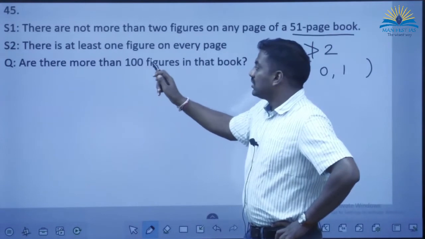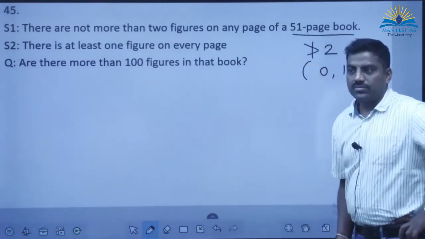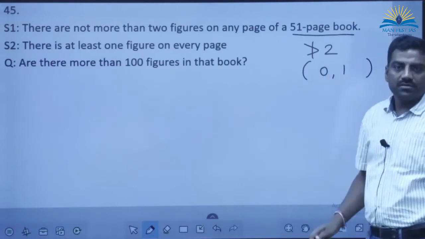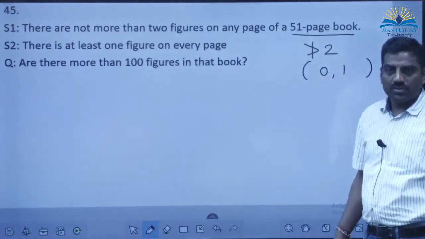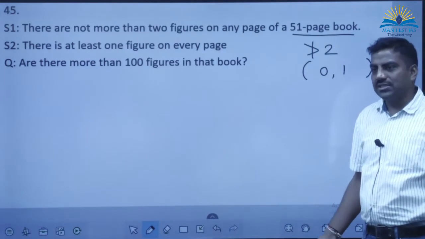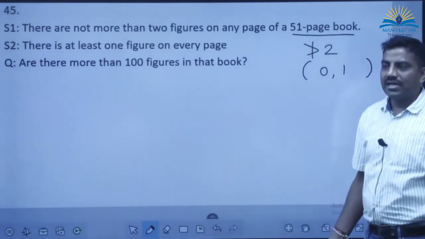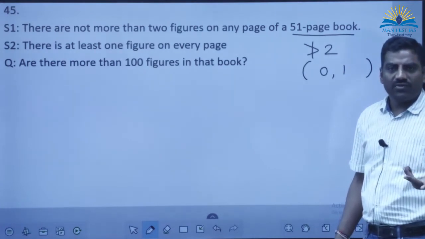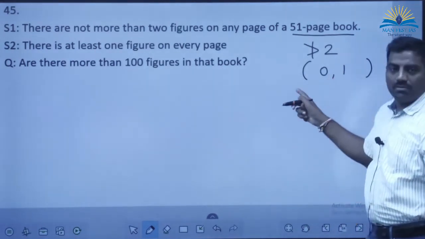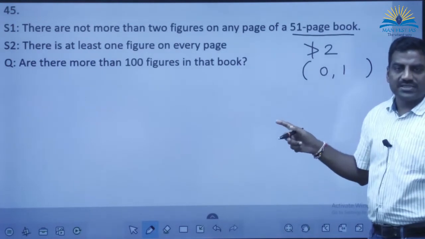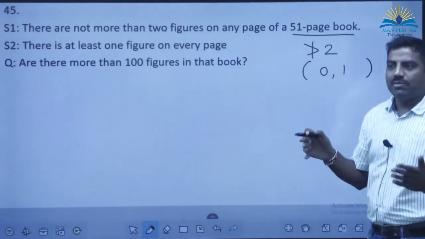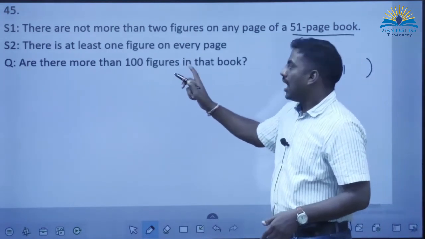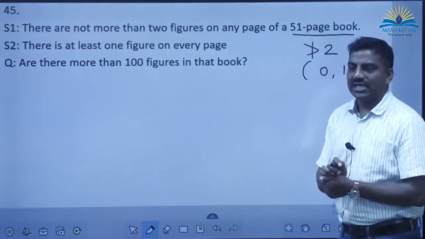Are there more than 100 figures in that book? In each page, either 0 or 1. 51 page book. So the maximum number of diagrams is 51. Minimum possible number of diagrams or figures is 0. So the number of figures can be between 0 to 51. They are asking, are there more than 100 figures in that book?